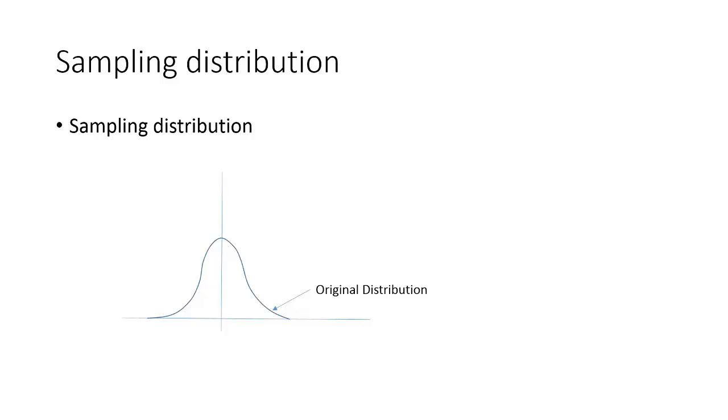Okay, so you have some original distribution, and let's for now say this distribution is normally distributed. And let's say this normal distribution has some mean, which I've shown with this blue vertical line, and let's call that mu. Okay, so this point is mu, and let's say it has some standard deviation.